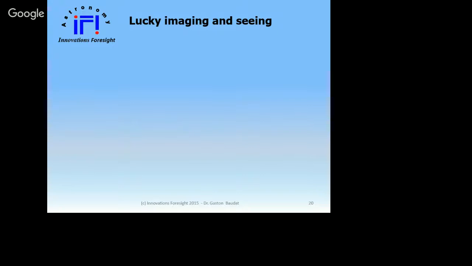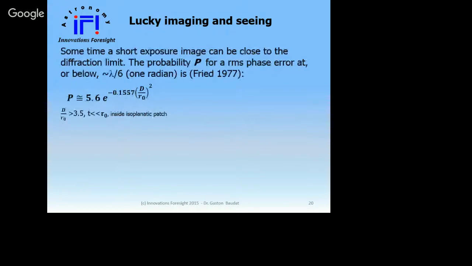Lucky imaging is a way to deal with seeing. From time to time, a short exposure can be close to the diffraction limit. You may be lucky. Now, this is only true inside the isoplanatic patch I was talking about before. So it's not across the field of view, at least if you have a large field of view for that matter.